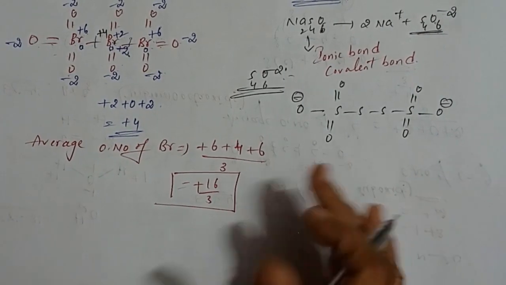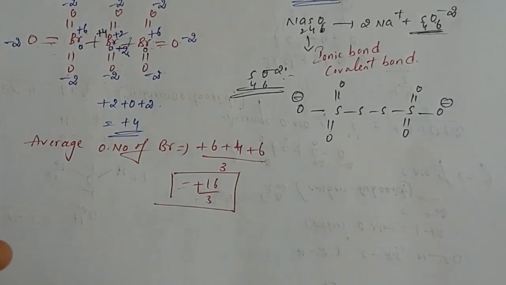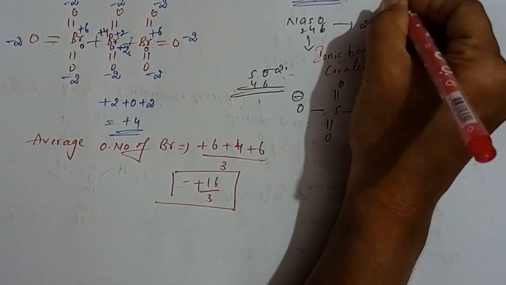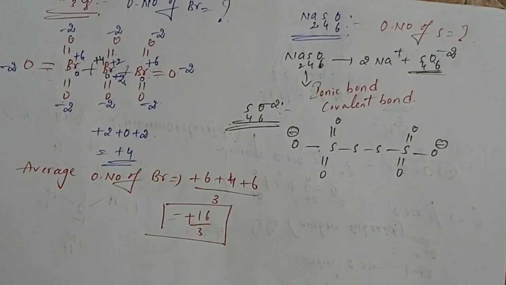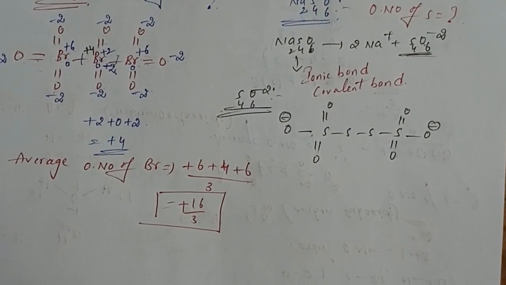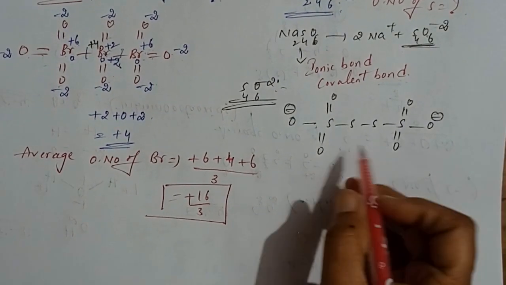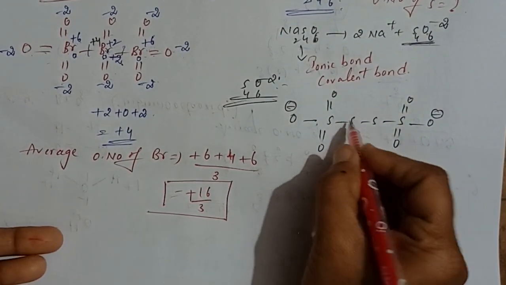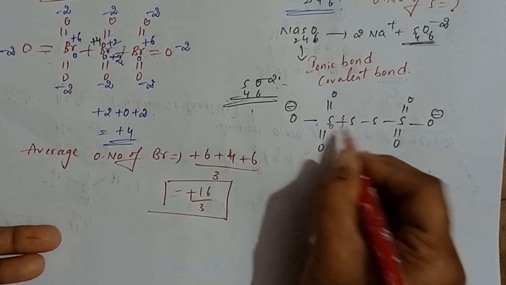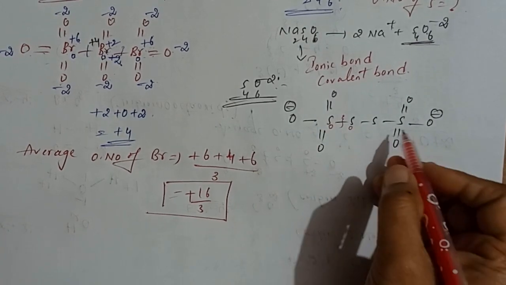Now we have to find the average oxidation number of sulfur. Are you clear? Here 4 sulfurs are there. Between the same elements, whenever the bond breaks, this will get oxidation state 0.